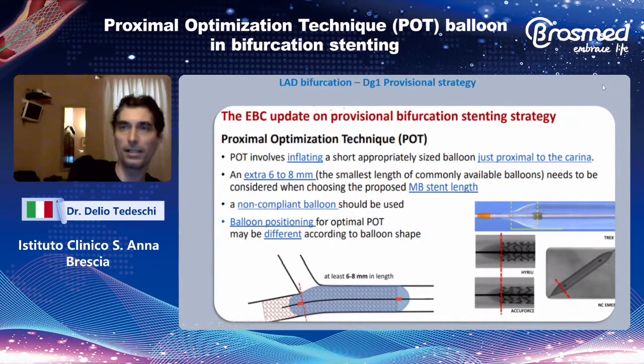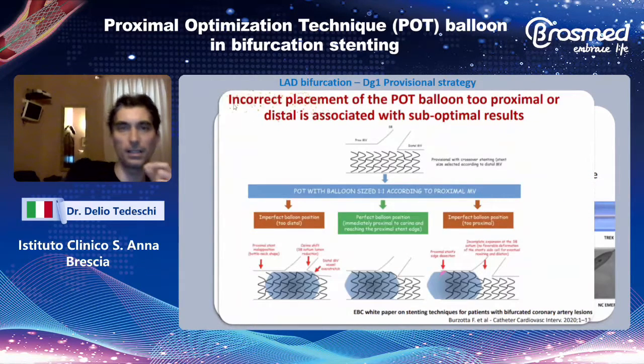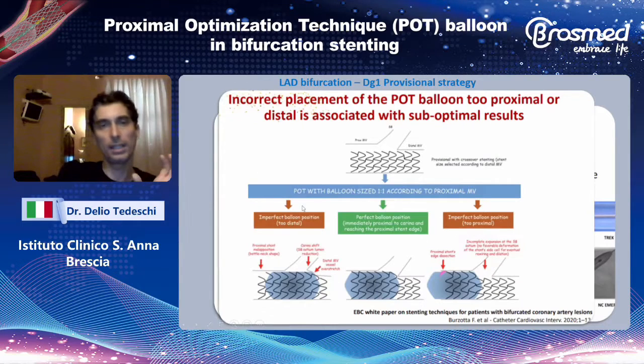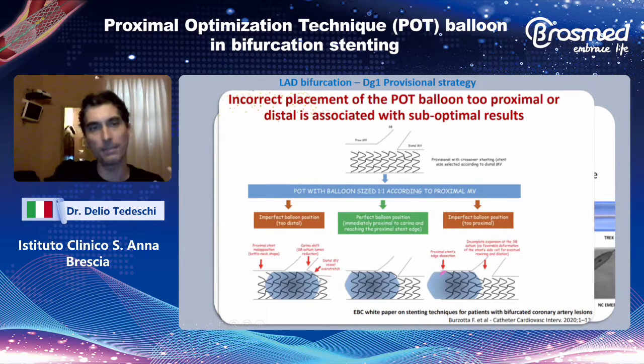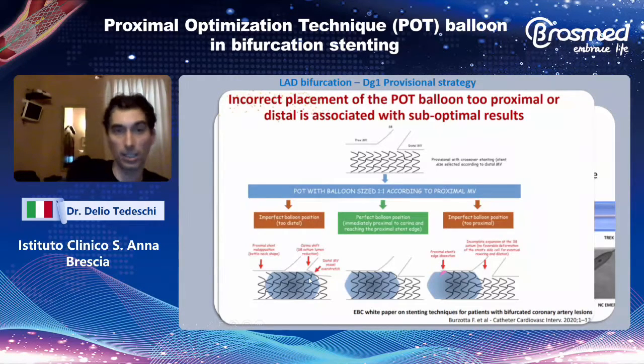And the other point is the position of the POT. We can see here that the incorrect placement of the balloon is associated with suboptimal result. We can see here that if we place the balloon too distal, we can create a kind of a stretch of the distal main vessel.